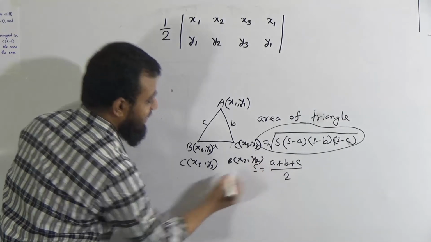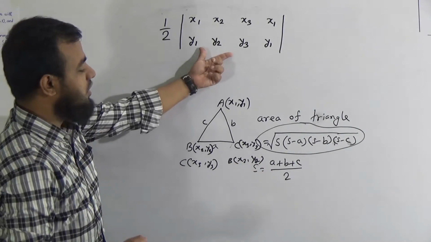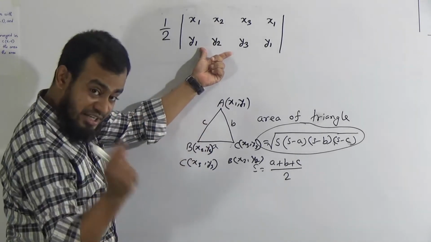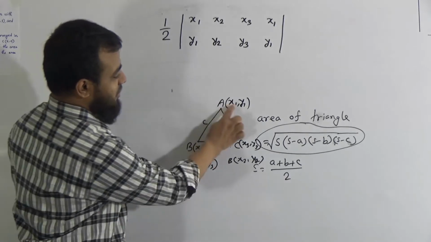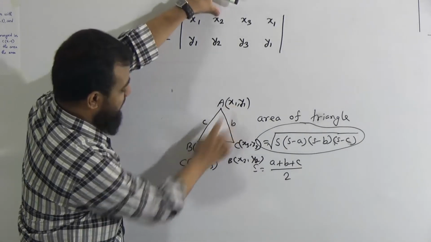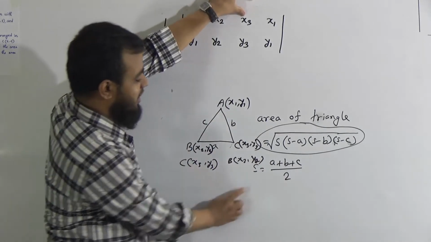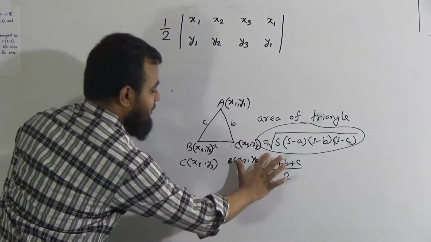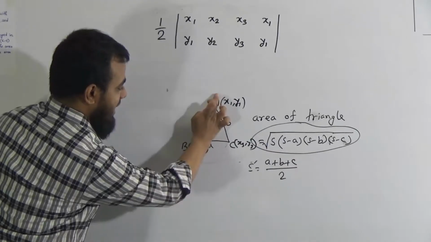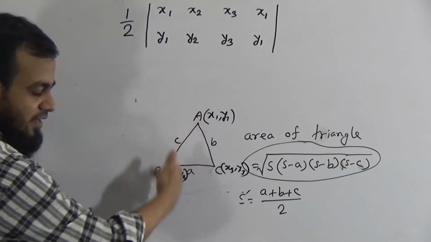Then this formula will be changed because these 3 points must be in anti-clockwise order. If it's ACB, then first is x1, second will be x3, third will be x2, and again x1.